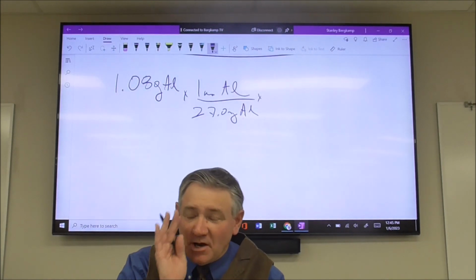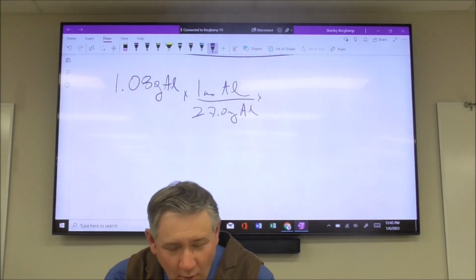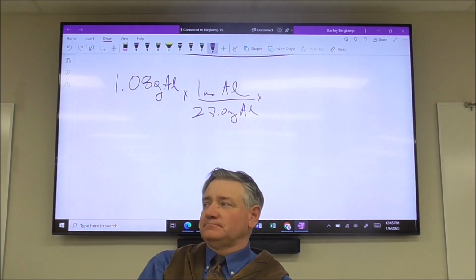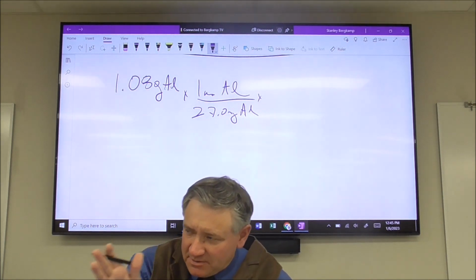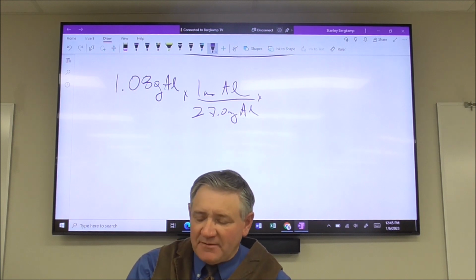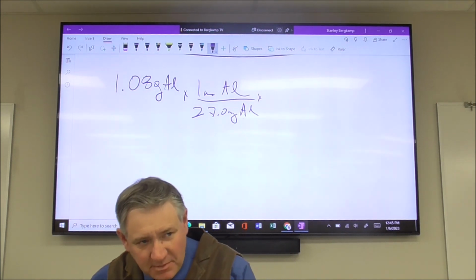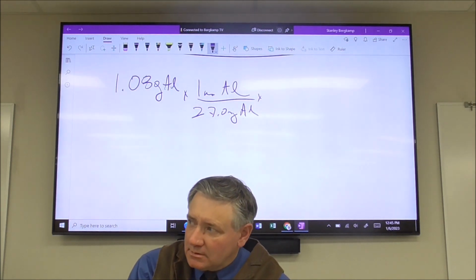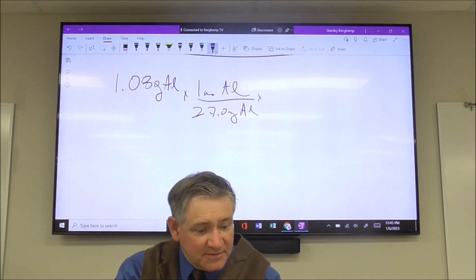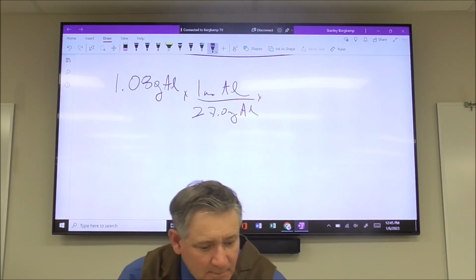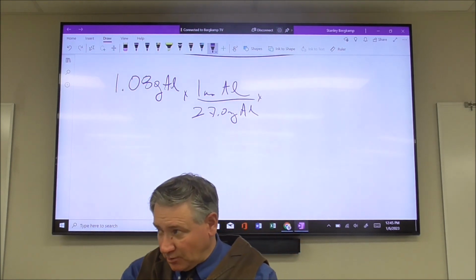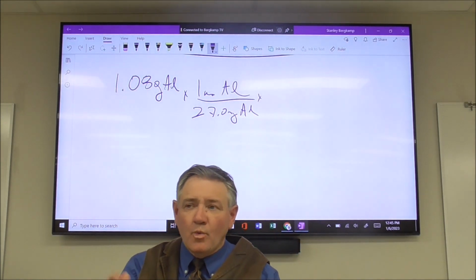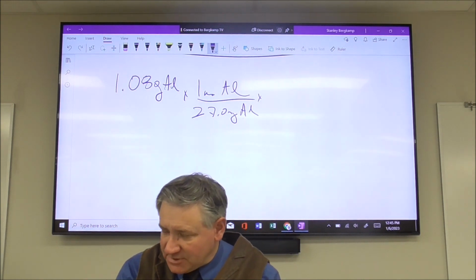If you stopped right now, what would you have? Moles of aluminum. So the first thing you do is figure out how many moles of aluminum you have. Then what do you have to do with the moles of aluminum? Convert those into moles of, in this case, well, we're doing B, aluminum chloride. Where are you going to look to find that information?